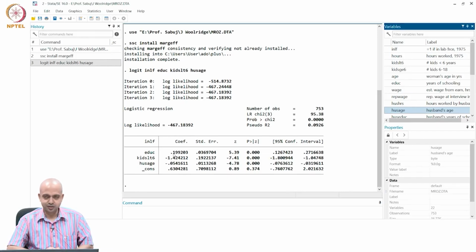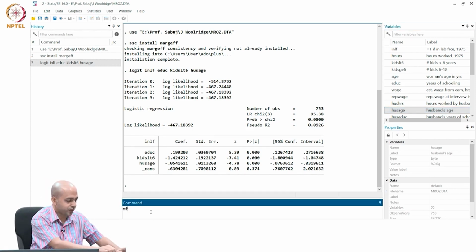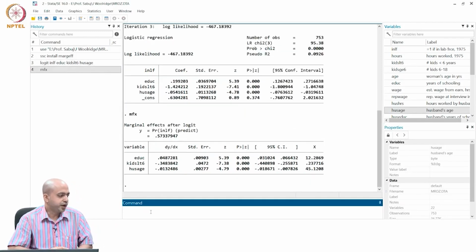You have to specifically put a command to estimate the marginal effect. The command is very simple, MFX, marginal effect. If you press enter, you will get the marginal effect.